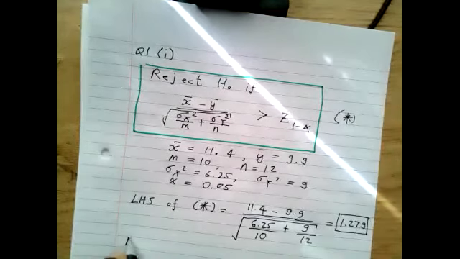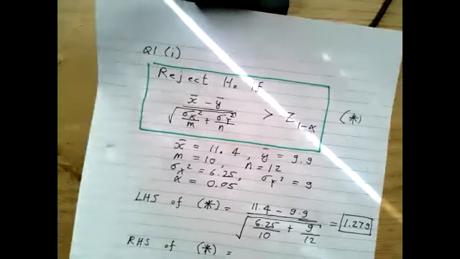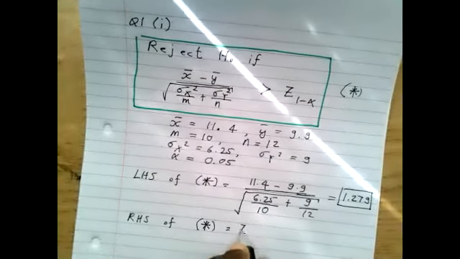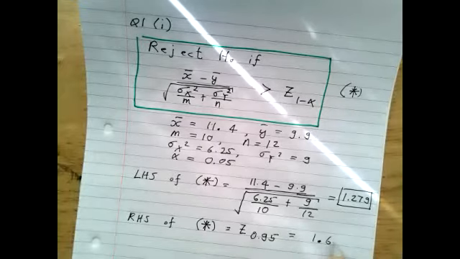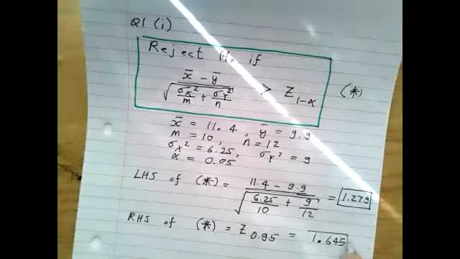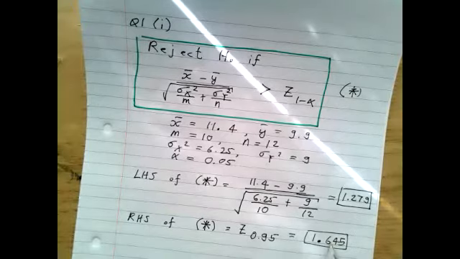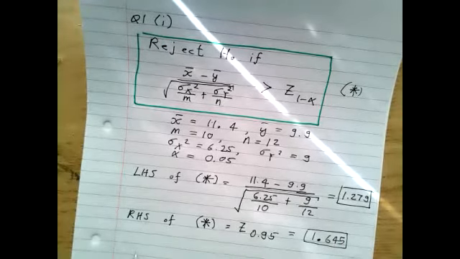The value for the right hand side is going to be, remember we are using alpha is 0.05, so this is 0.05, and if you read this off the table, this will be 1.645. Now comparing these two, you see that this number is not greater than 1.645. So hence we cannot reject the null hypothesis.